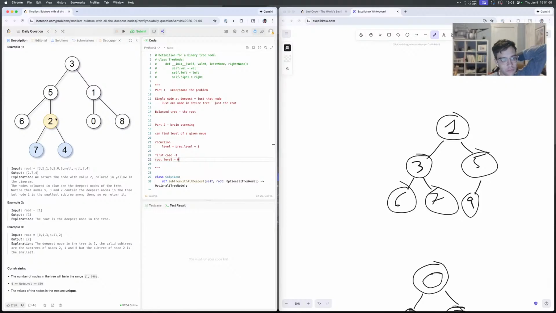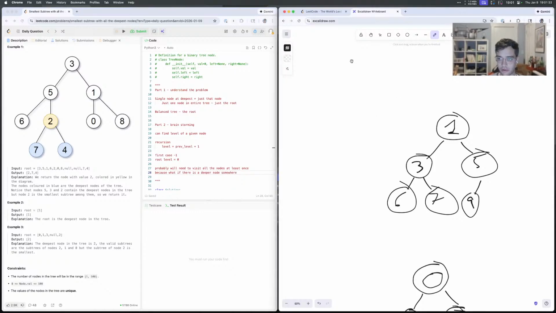So for any given node, I can find the depth of the node, and it also makes me think that we probably visit all the nodes at least once, because what if there is a deeper node somewhere?